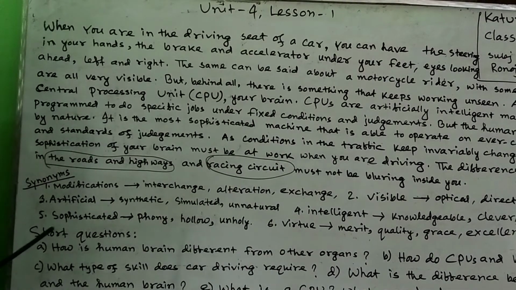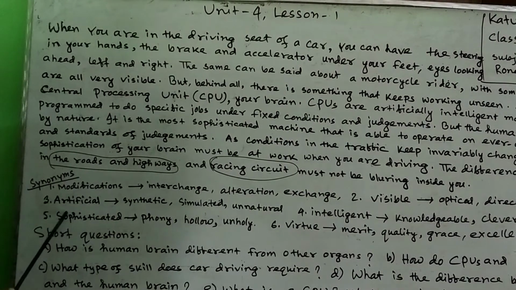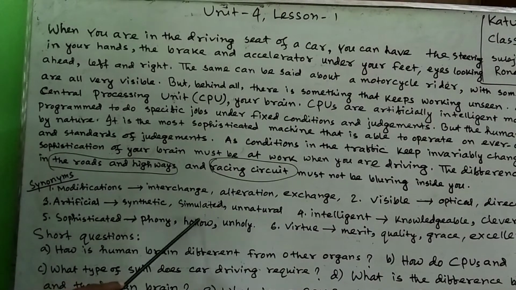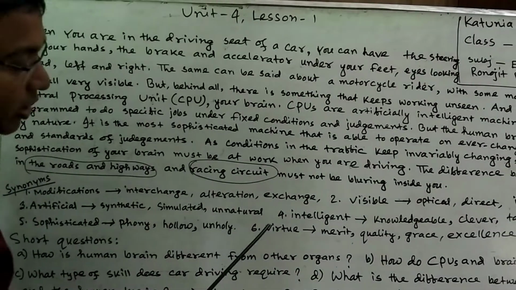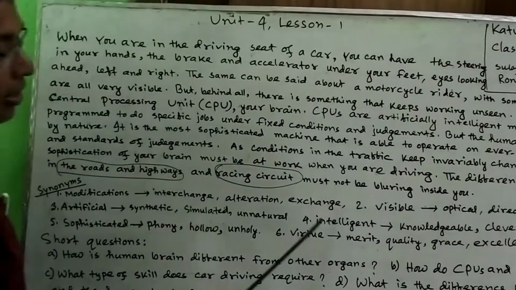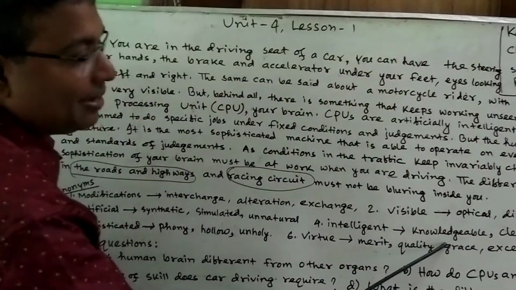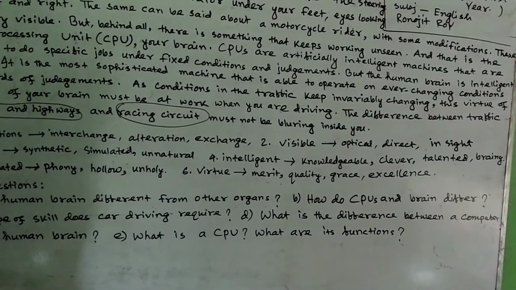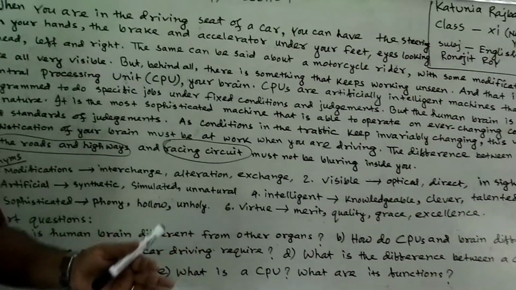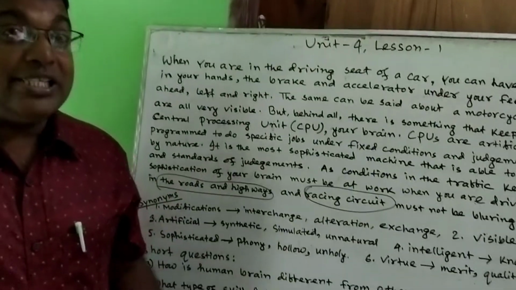What may be the other words for artificial, my dear students? Synthetic, simulated, unnatural. Then the synonyms of intelligent may be knowledgeable, clever, talented, brainy. And you may also find other synonymous words in the dictionary.